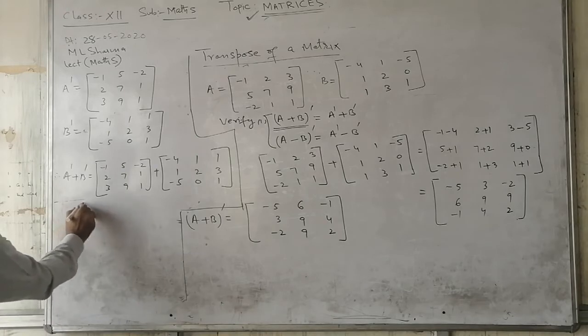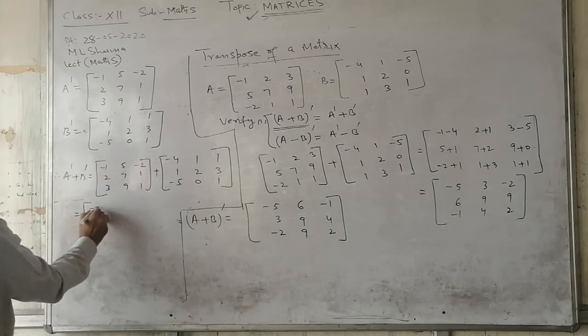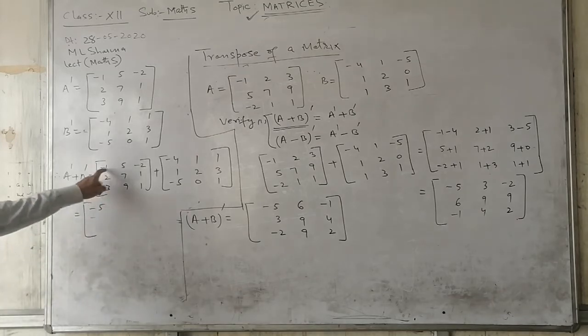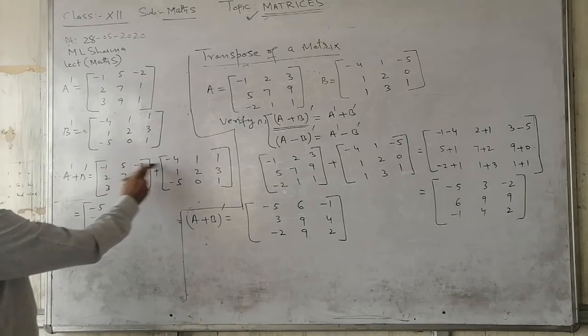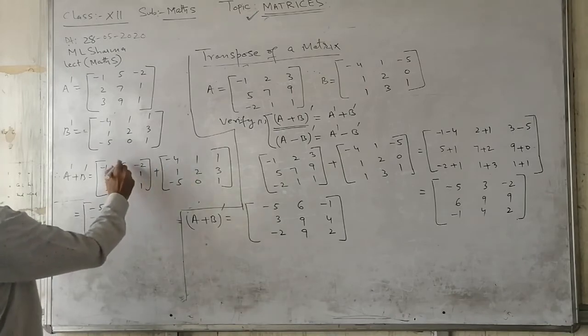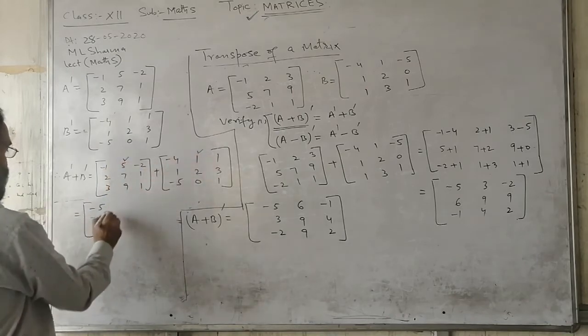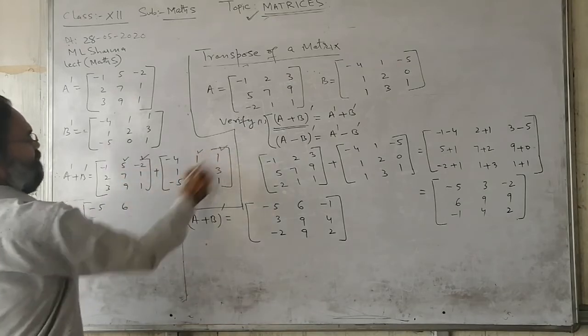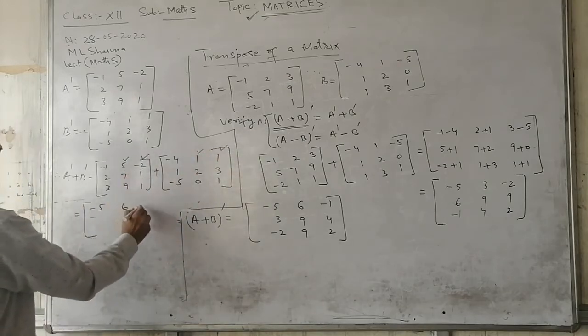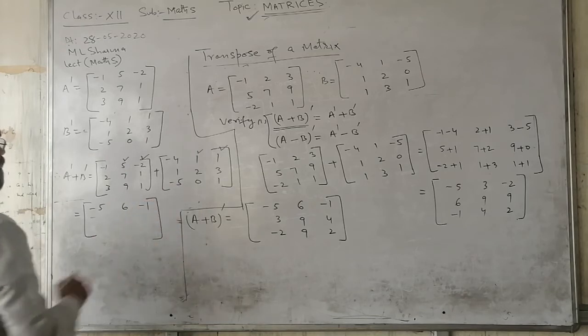So this will equal to, again a matrix, minus 5, minus 1 plus minus 4, minus 5, then 5 plus 1, 6, then minus 2 and 1 will be minus 1.